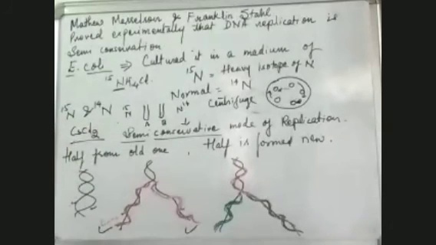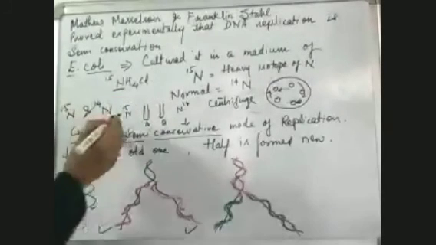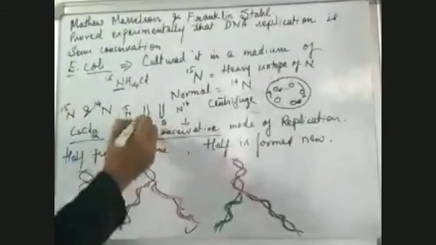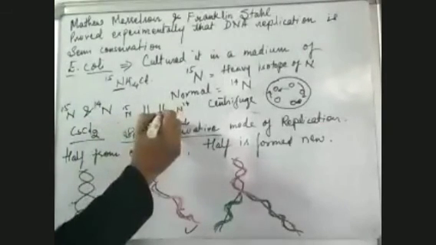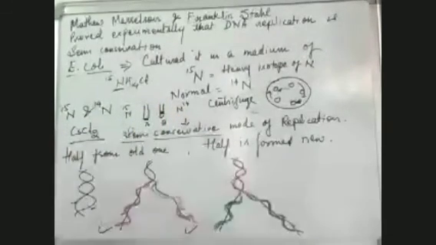So what was found is that N15 was heavier. It settled here at the bottom, whereas N14 in the centrifuge tube settled here, being lighter. So this was the settlement of the heavy isotope of nitrogen, which has more density.